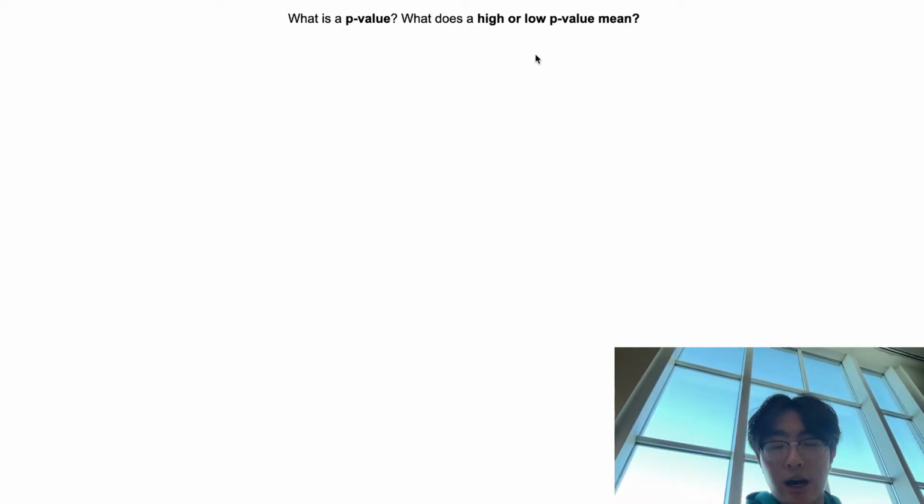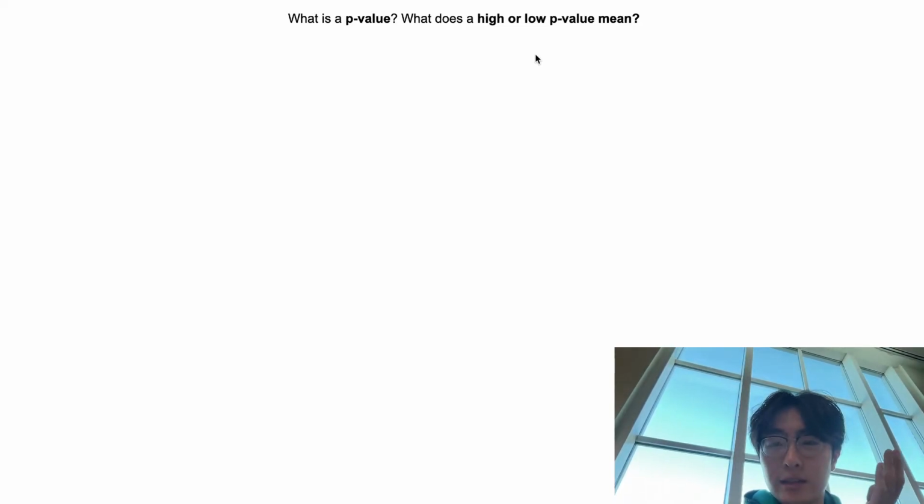If it's a high chance that this occurs randomly, then that means that our alternative hypothesis probably isn't really true. I think the statistical way to say it is rejecting the alternative hypothesis.